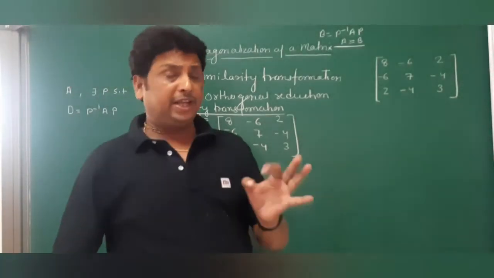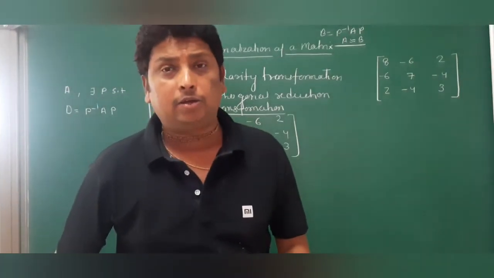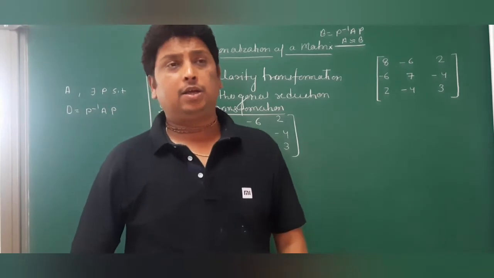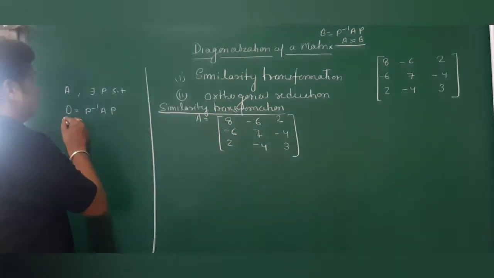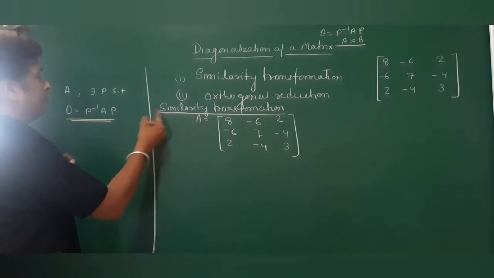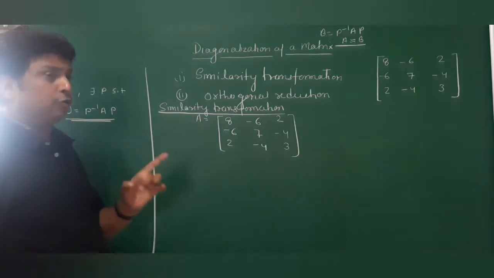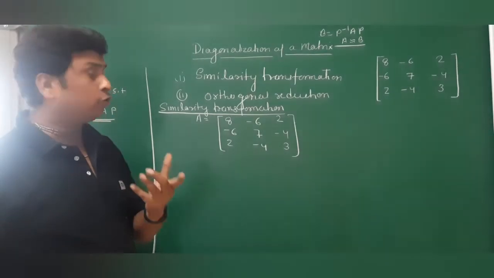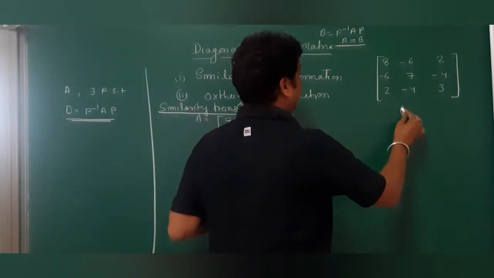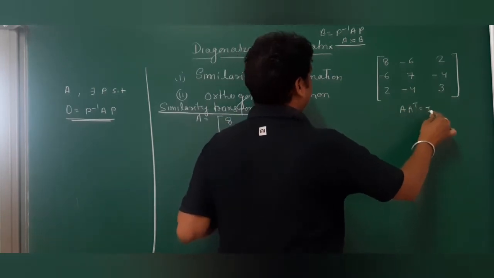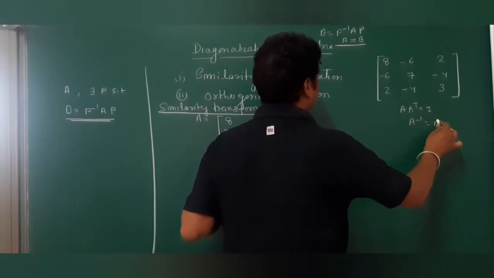If you follow this one, then it is known as similarity transformation. And we know about orthogonal matrix. A matrix is said to be orthogonal if A into A transpose is identity, meaning A inverse is A transpose.